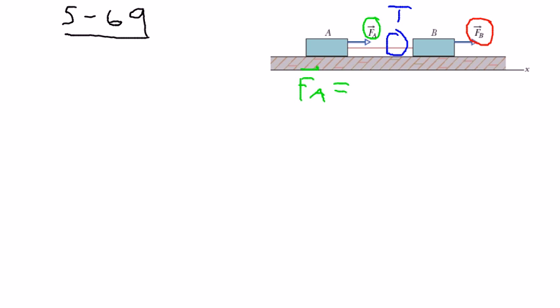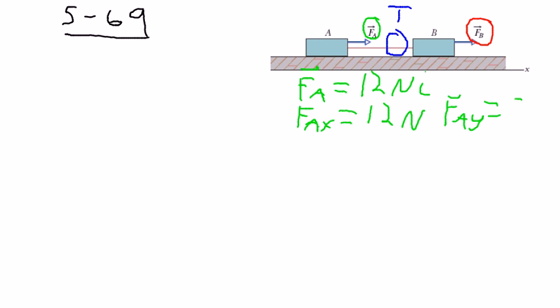So Fa, which might be equal to, let's say, 12 newtons in the i direction, tells us that you have an Fa in the x direction that's equal to 12 newtons, and that the y component of Fa is just equal to 0. And similarly for the B one as well.